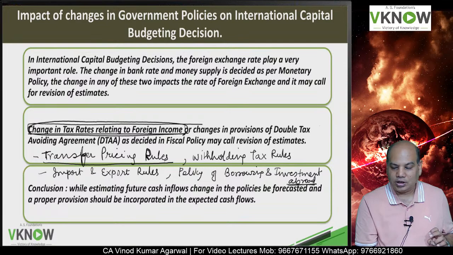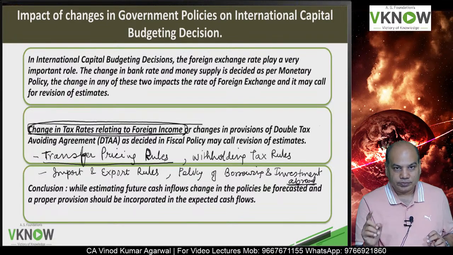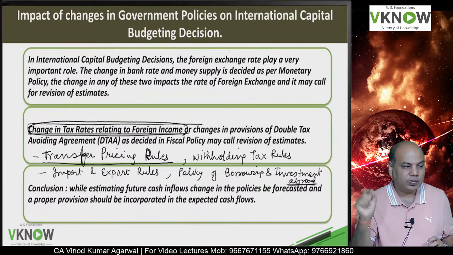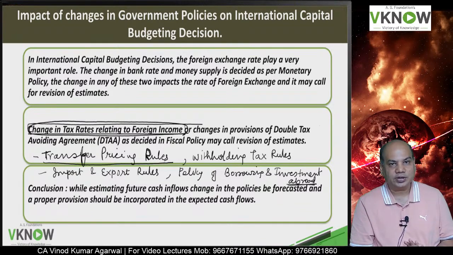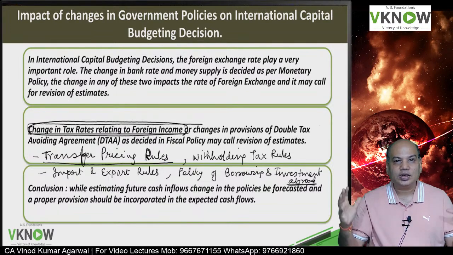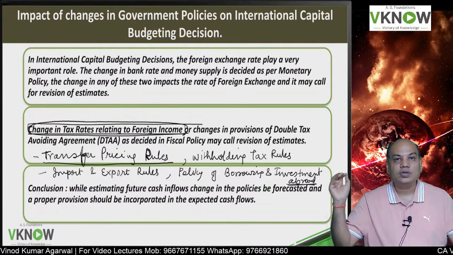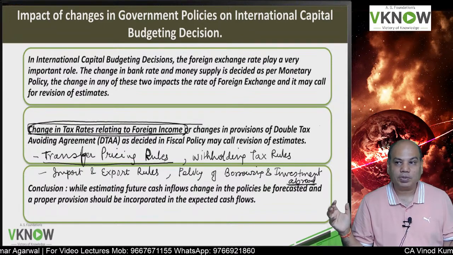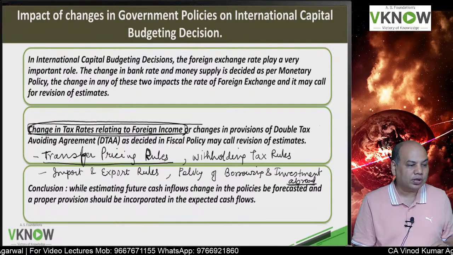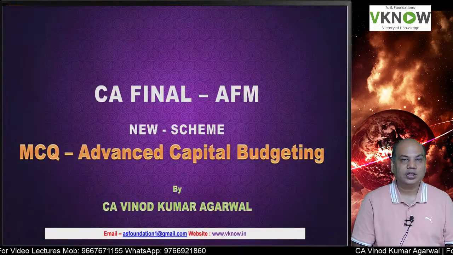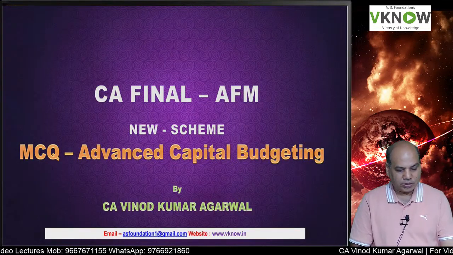This way we can introduce the impact of change in government policy on capital budgeting decision. So if you are seriously investing in big projects, you have to think from different angles. How the change in technology can impact you, how the change in government policy can impact you. Keeping all these in mind, we will take the decision. Is it right?